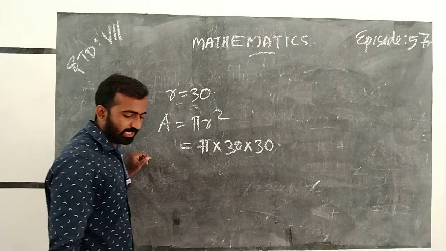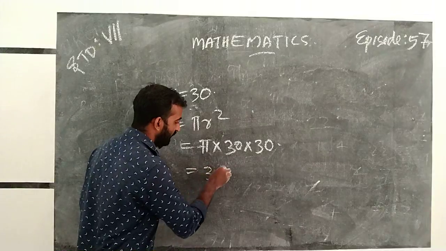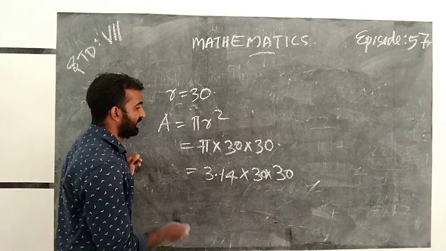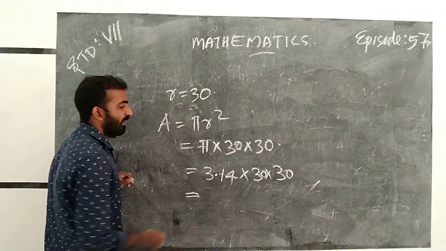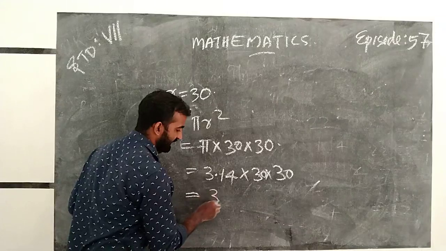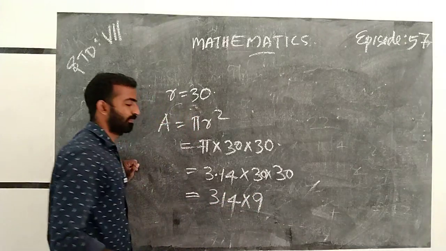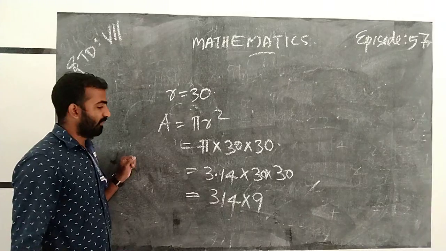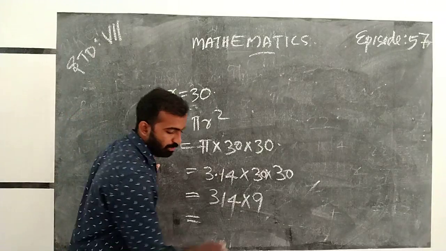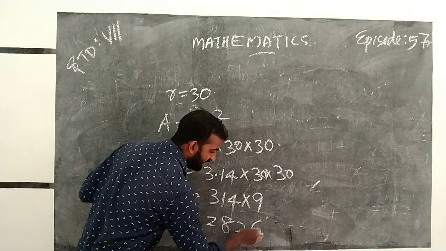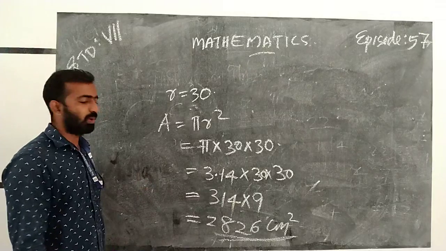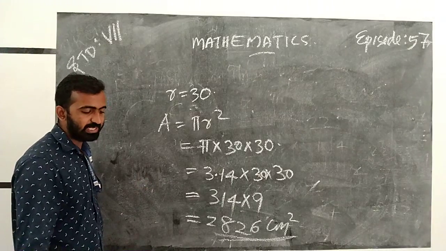Here we can take pi as 3.14, and we cancel zeros. We get the answer 2826 centimeters square. That is, the area of that circle is 2826 centimeters square. That is example 17.